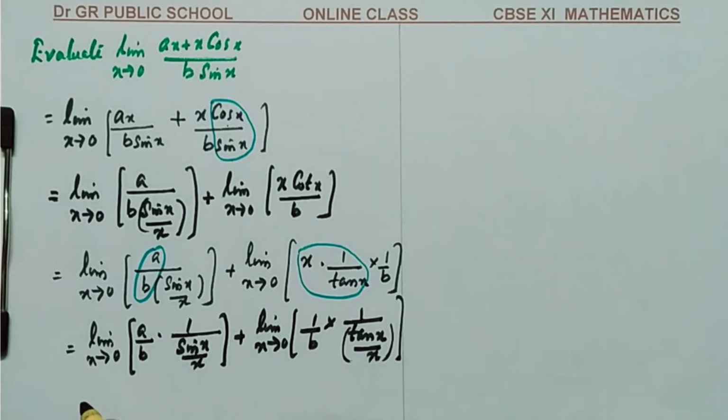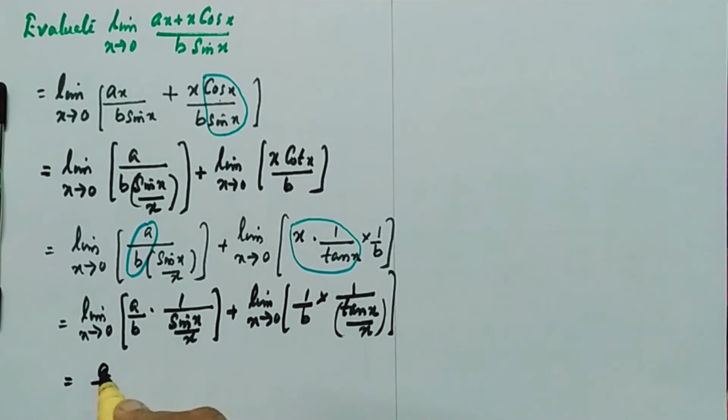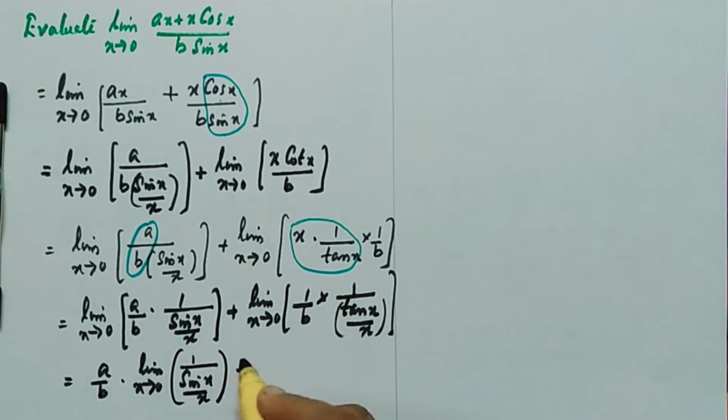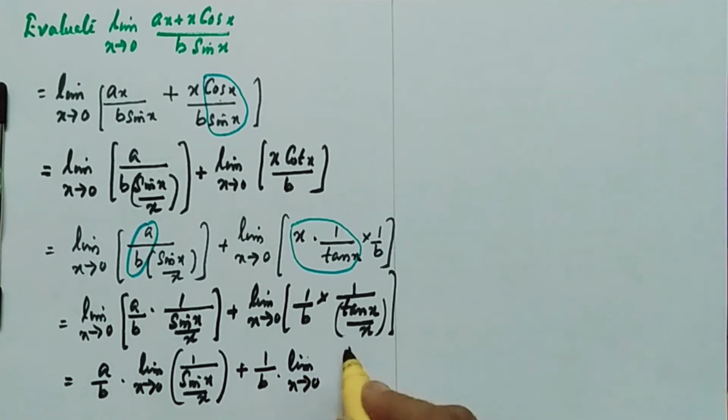Okay, we can apply the limit. a by b is a constant that you can take outside of the limit, as a by b into limit x tends to 0 of 1 by sin x by x, plus here 1 by b is a constant that you can take outside, limit x tends to 0 of 1 by tan x by x.